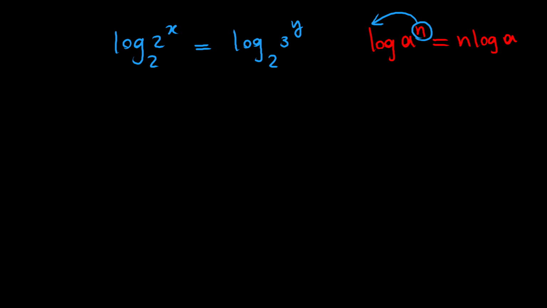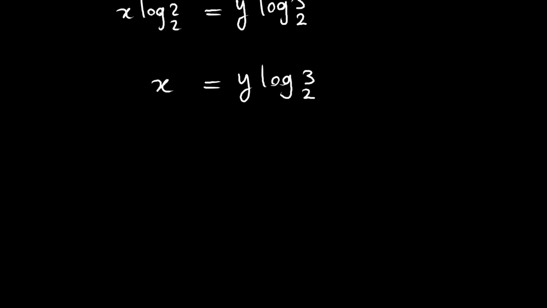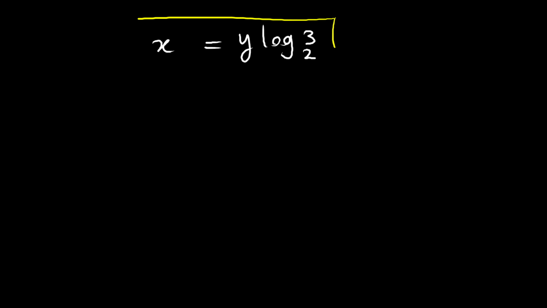So if we apply this, we're going to have x times log of 2 with base 2 equals y times log of 3 with base 2. Now, notice that log of 2 with base 2 is 1, so the left-hand side is going to be x, and the right-hand side is y times log 3 with base 2. Great, so we have x in terms of y, and we can use this to solve for y.